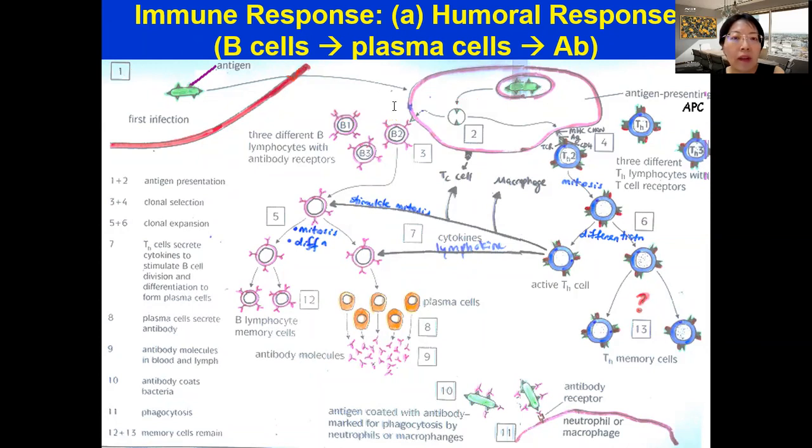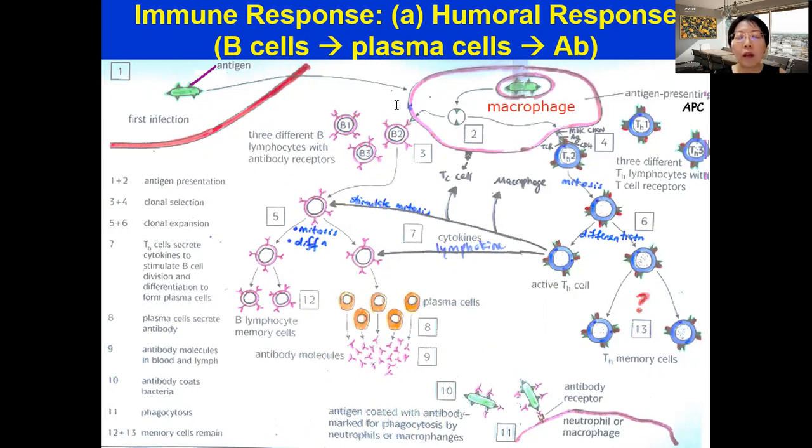Once the bacteria enter our body, step number 1 of the immune response is that phagocytes start to phagocytose it. We have the neutrophil and macrophage. Here we're going to talk about the macrophage, because it activates the entire immune response.